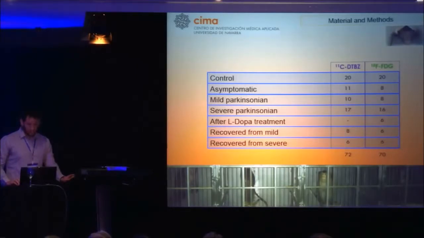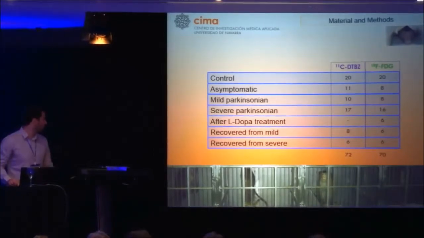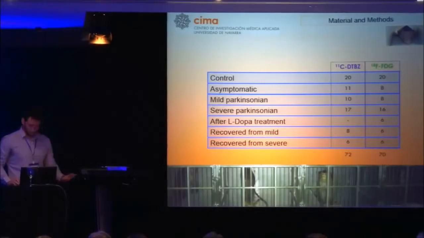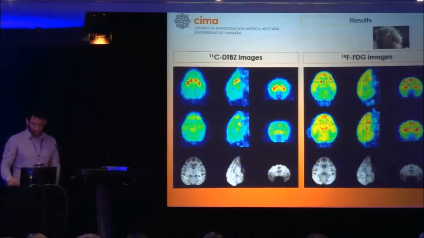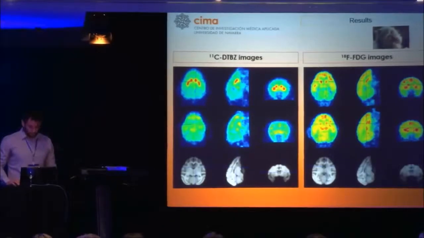This study enlarged the N of animals and PET scans to provide a very robust statistical assessment. As you can see, we have carried out 72 PET scans of dihydrotetrabenazine and 70 of fluorodeoxyglucose. These are representative reactivity images of the same monkey made by dihydrotetrabenazine and fluorodeoxyglucose.